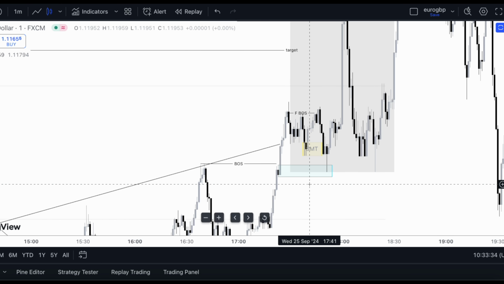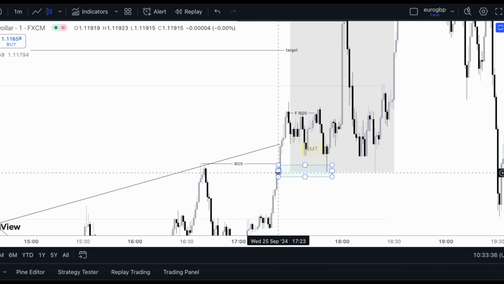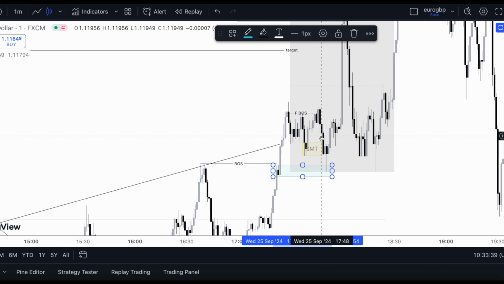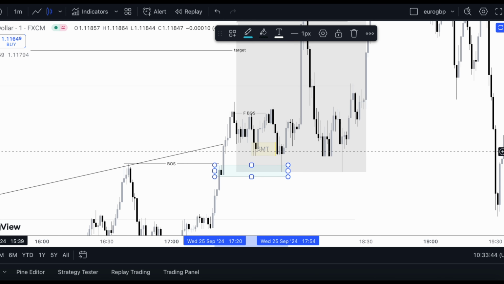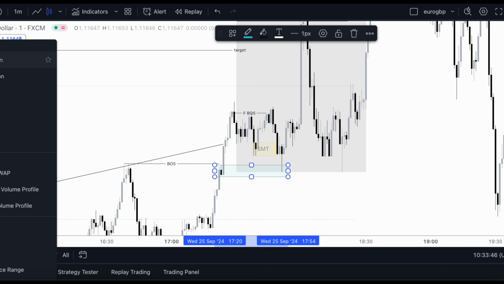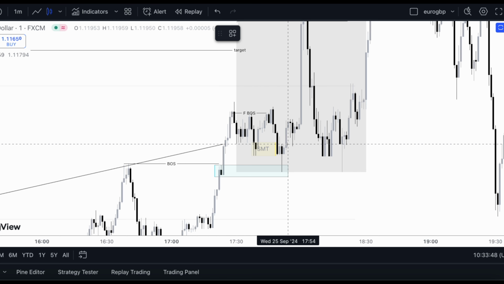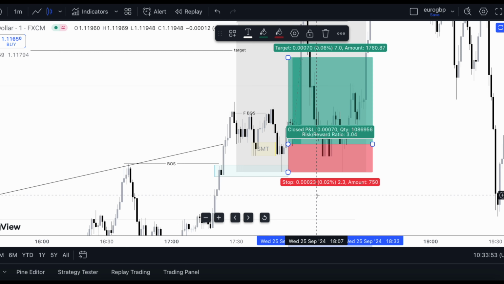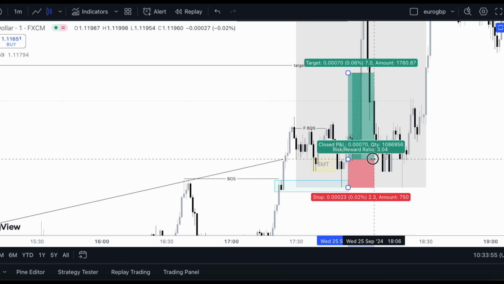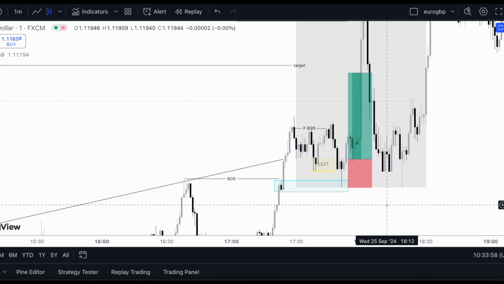So the market comes down, taps into the real POI, then gives us a real big break of structure to the upside right over here. So my first entry was right here, stops below the low. See, this is still a confirmed entry.